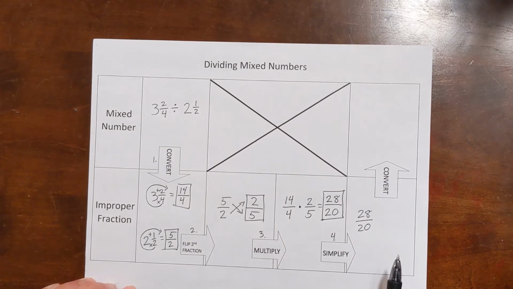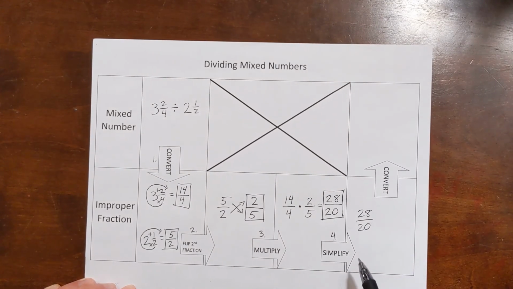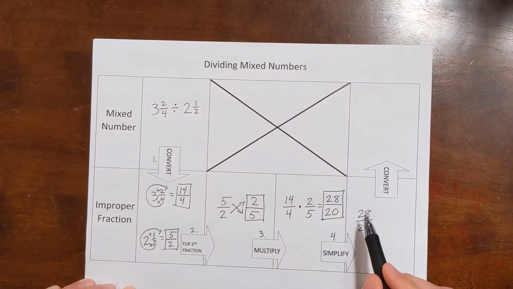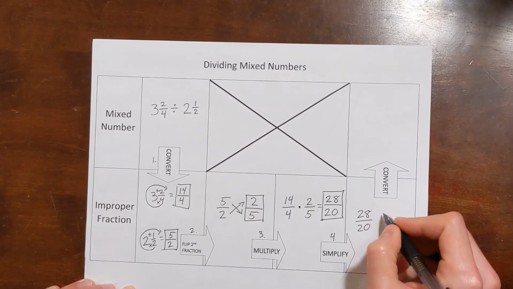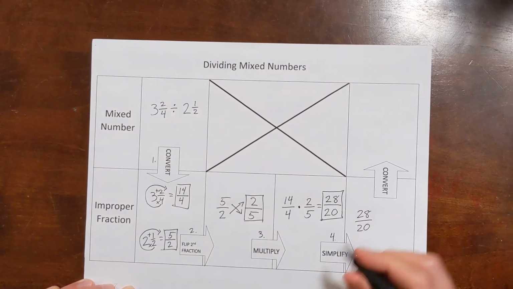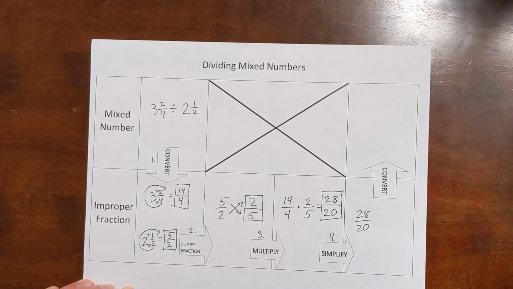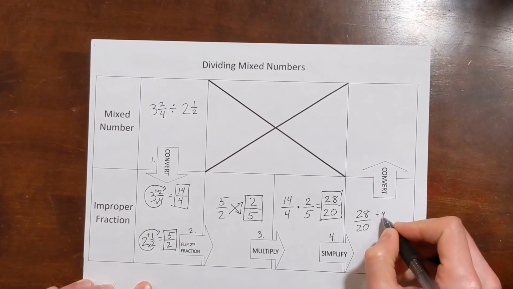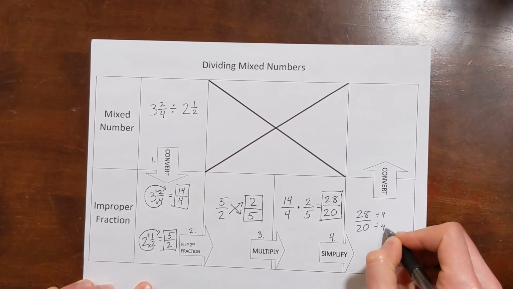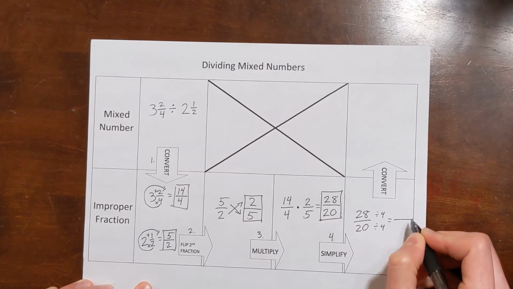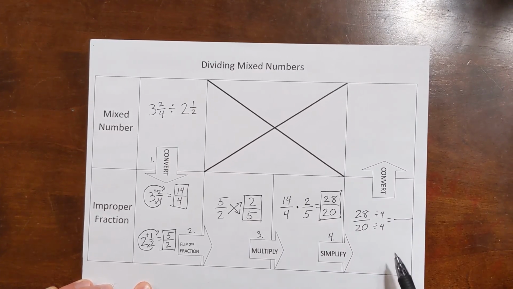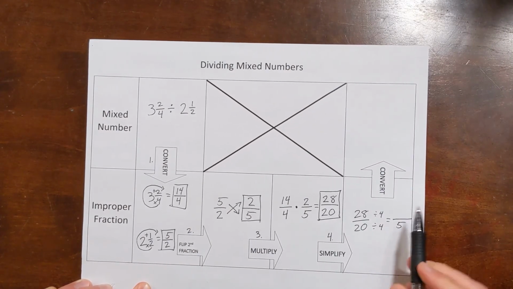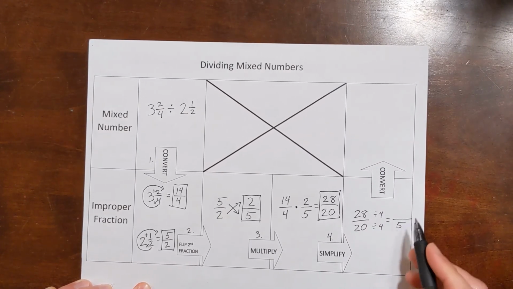I could do 2, but I recognize that both of these are actually divisible by 4. 20 is a multiple of 4, and 28 is a multiple of 4. So let's just do those two things in one step. We would go by 2 and then by 2 again, or we can just divide them both by 4. We know that 20 divided by 4 is going to give us 5, and 28 divided by 4, well, that's going to give us 7.